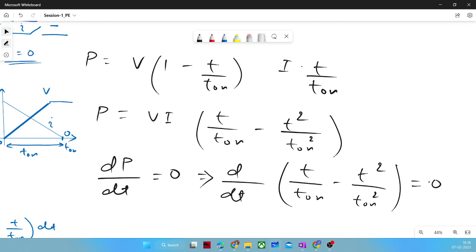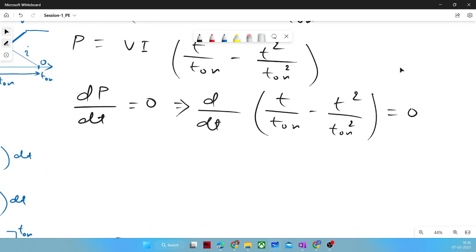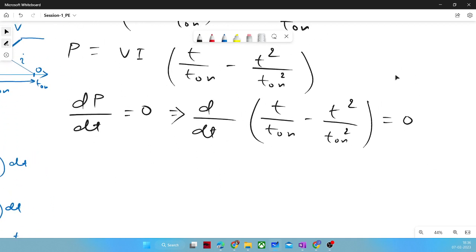If you equate this differentiation to 0, you will get the instant at which the maxima will occur. So let us differentiate in terms of t by t on, because t on is also a constant.